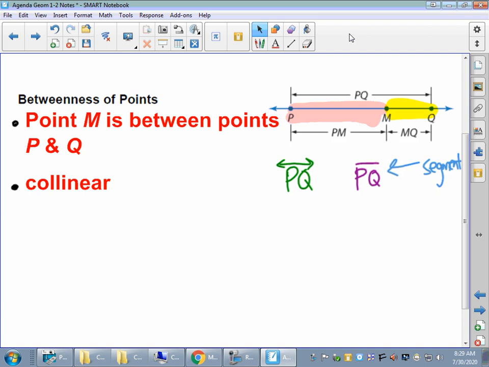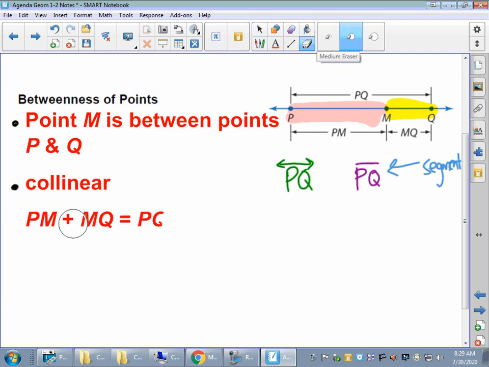So we could say that PM plus MQ is equal to PQ. Or if you wanted to flip it around, you could say segment PQ is equal to PM plus MQ.